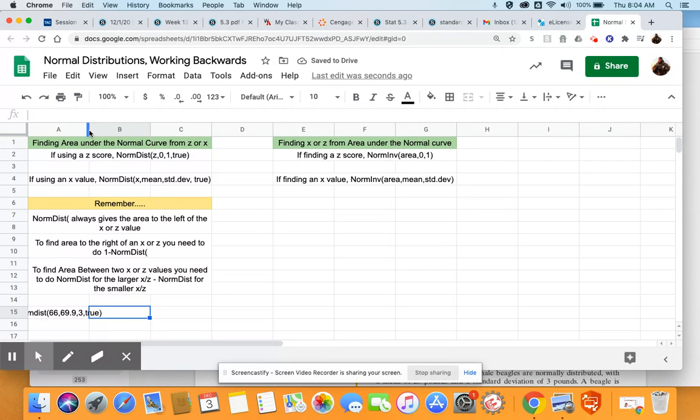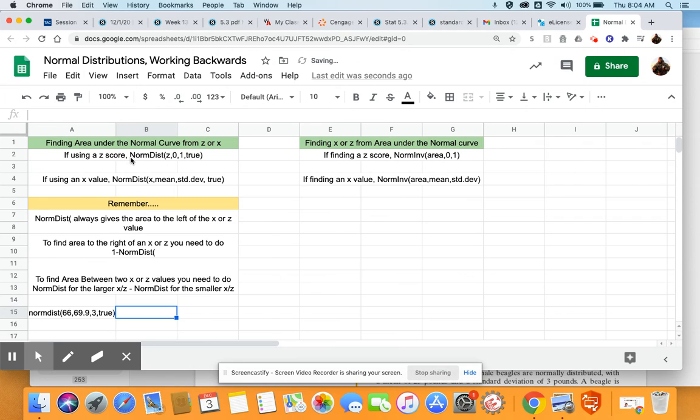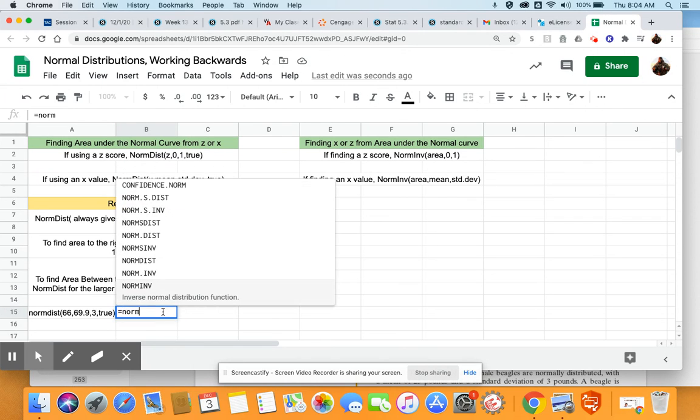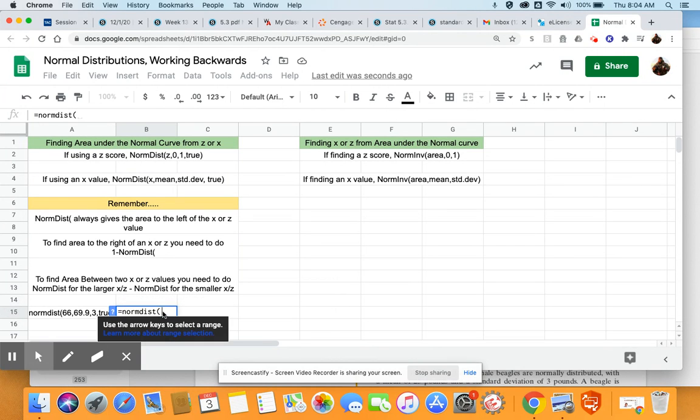I'm going to go ahead and widen that out a little bit so we can see that whole thing. Equals normal distribution 66, 69.9, 3, and the word true. And that'll give us our answer right there. So there's around a 10% chance that someone is going to be less than 66 inches in that scenario.